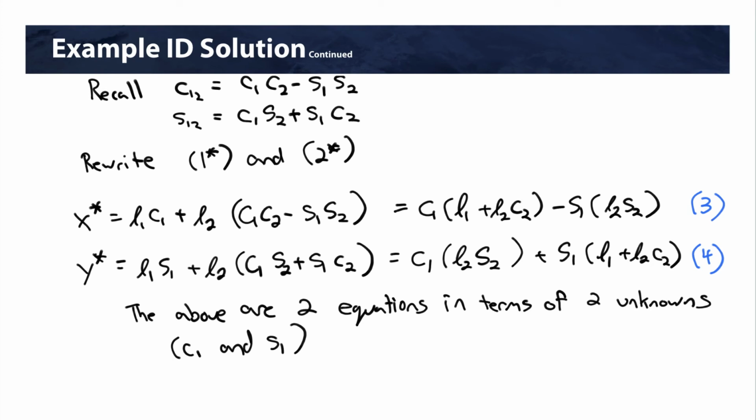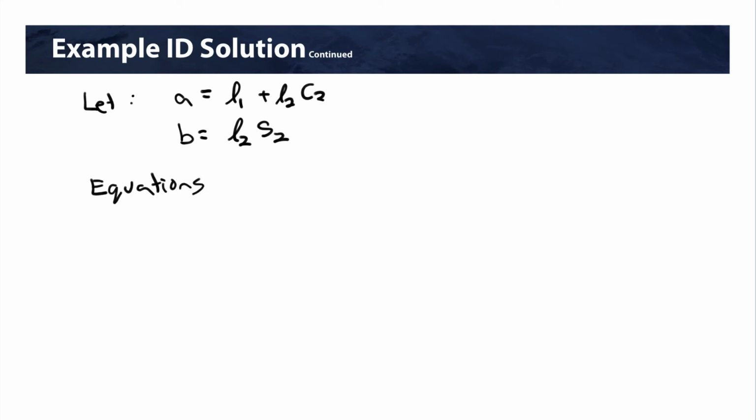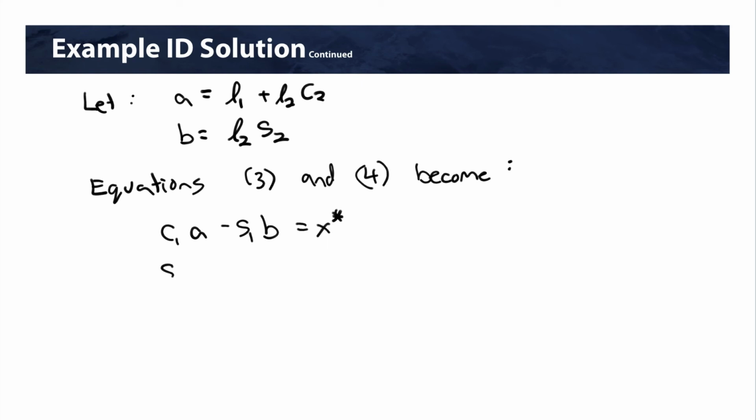So let's solve these two equations with two unknowns. We're going to make things a little simpler. We'll let A equal L1 plus L2 C2, and let B equal L2 S2. So equations 3 and 4 become C1 A minus S1 B equal to x star, and S1 A plus C1 B equal to y star.